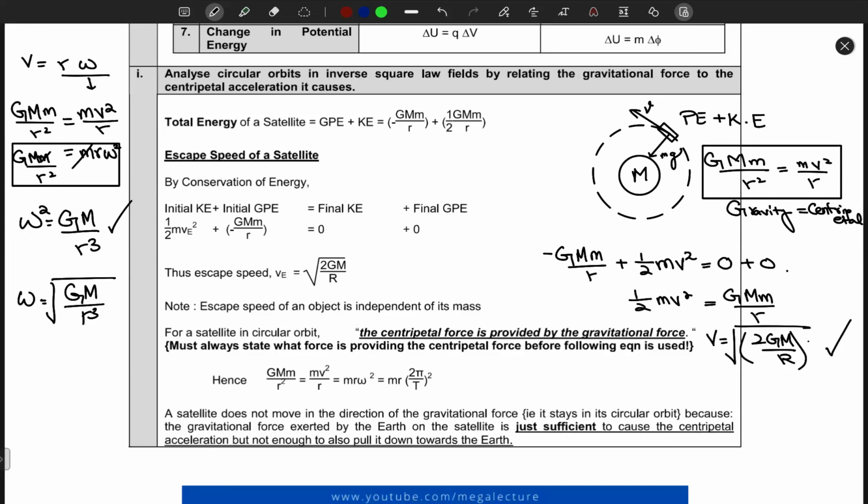And you have seen that as well in circular motion. Omega was written as 2 pi by the time period.